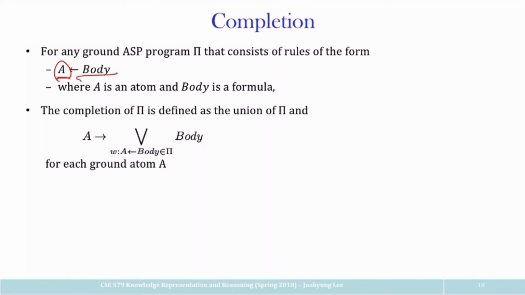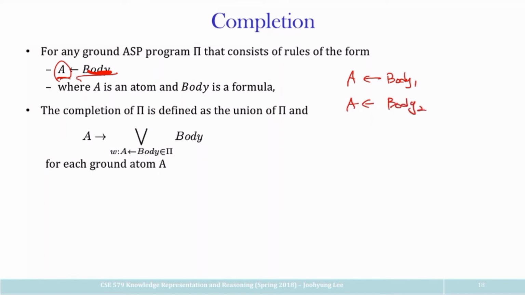So the completion is defined to be this one. Collect all the bodies that have A in the head, and write a backward implication, or reverse implication. Suppose there are two rules that have A in the head.